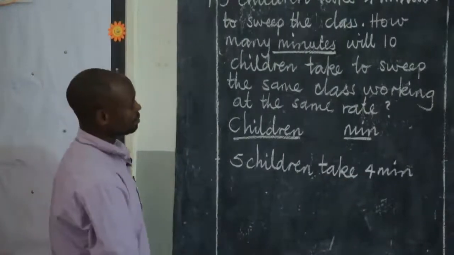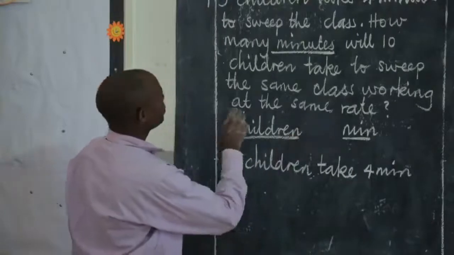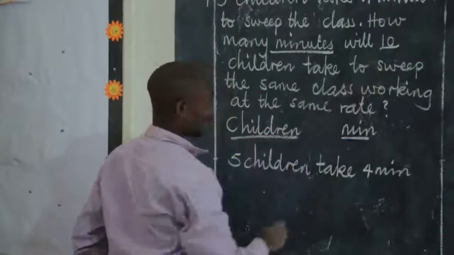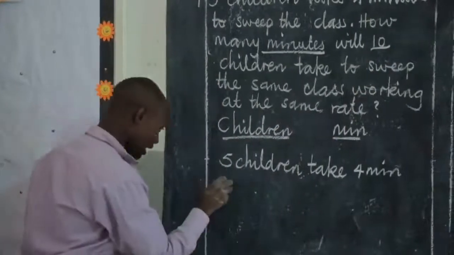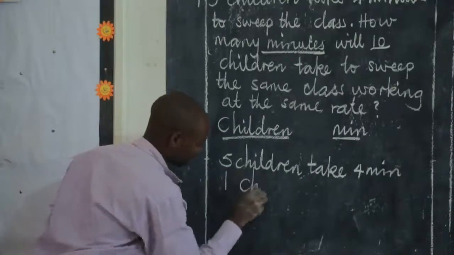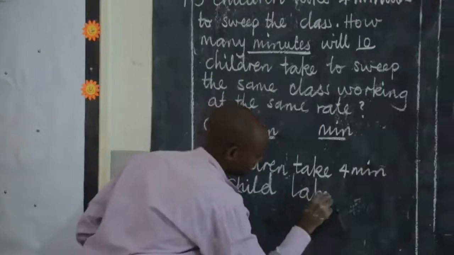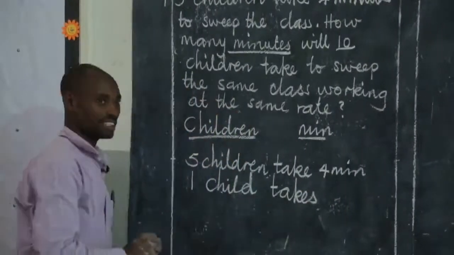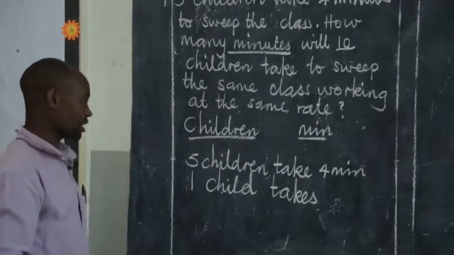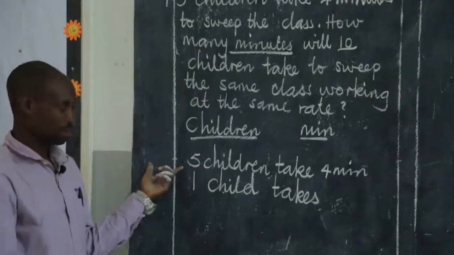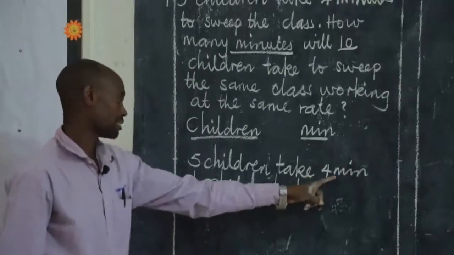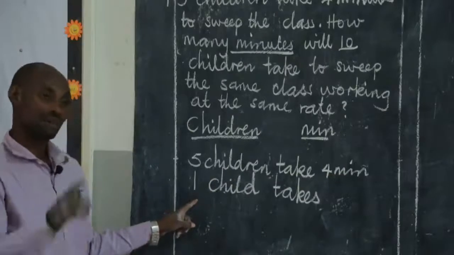And I told you that before we go to 10, we are supposed to first of all get 1. What about when it is 1 child? So 1 child takes, here you just need to use common sense. When you are 5 and I tell you to sweep the class, you will take 4 minutes. What about when you are 1?